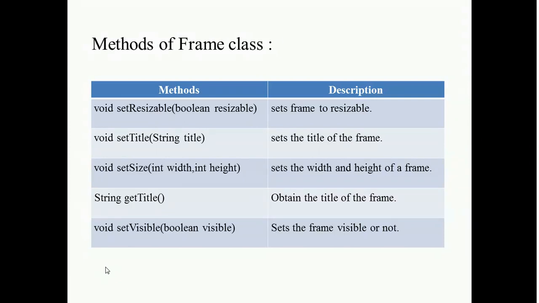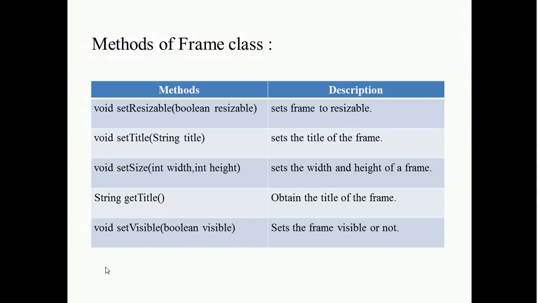And fifth method is setVisible. Parameter is boolean visible. This method is used to set the frame visible or invisible. The boolean visible parameter value is true or false. If you pass the setVisible parameter as true, then the frame is visible, and if the value of boolean visible is false, then it is invisible.